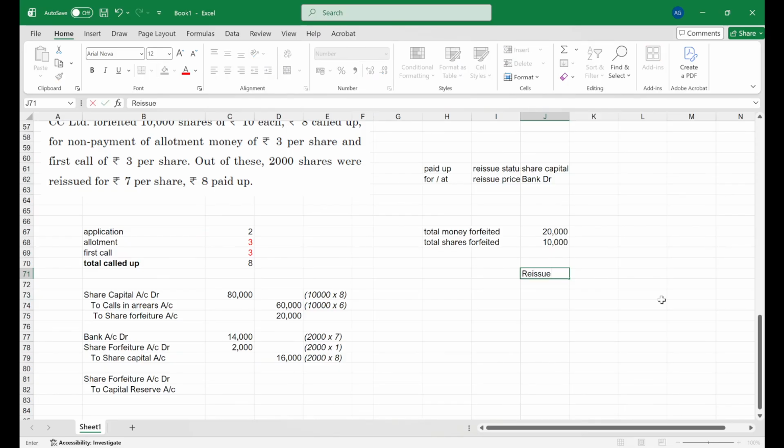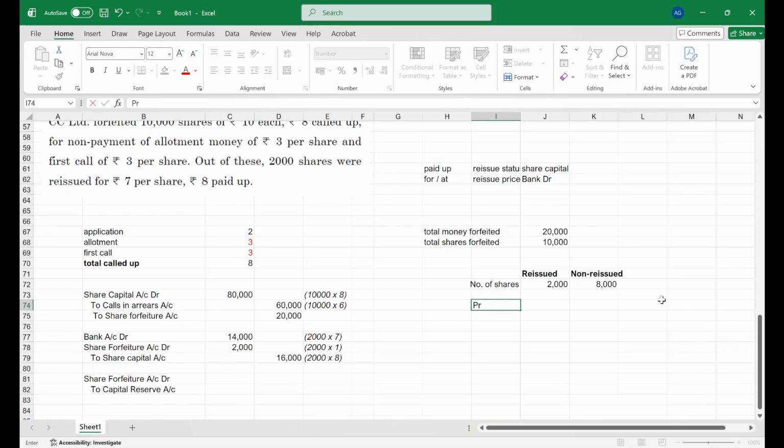Then have a separate table called reissued portion and non-reissued portion. First, write the number of shares in reissued segment and non-reissued segment. Out of 10,000, only 2,000 have been reissued, therefore 8,000 is non-reissued.